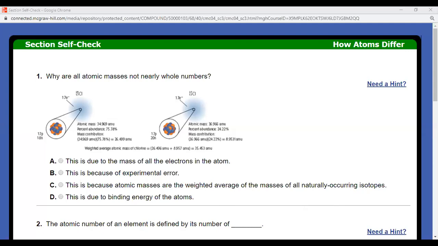Choose the best answer. Because A: the mass of all electrons in the atom. No.